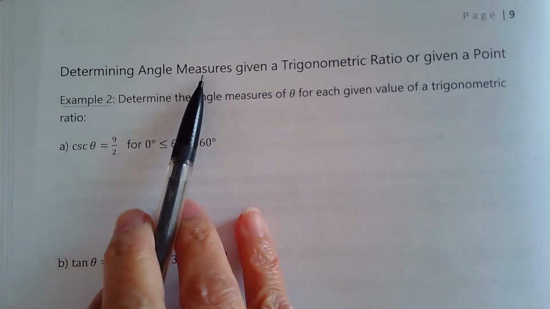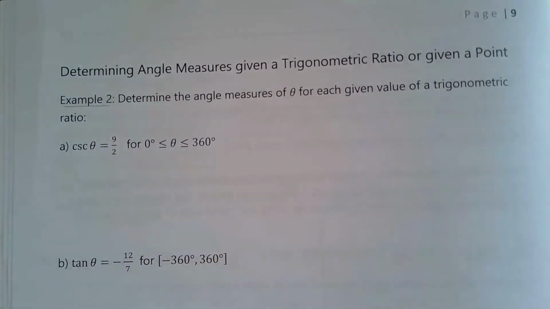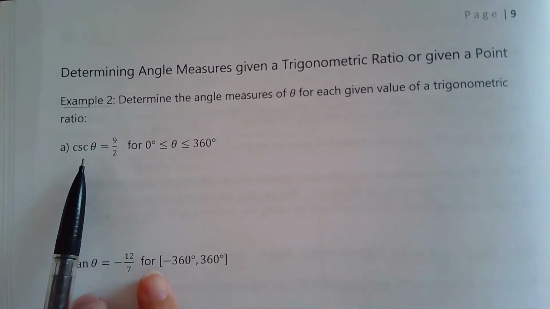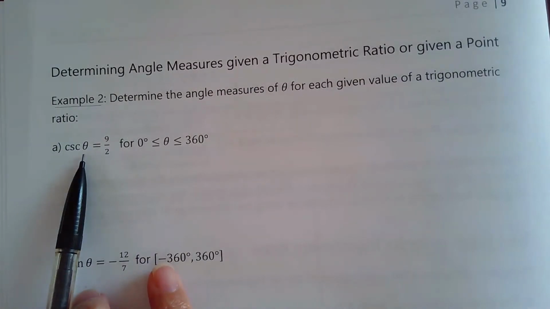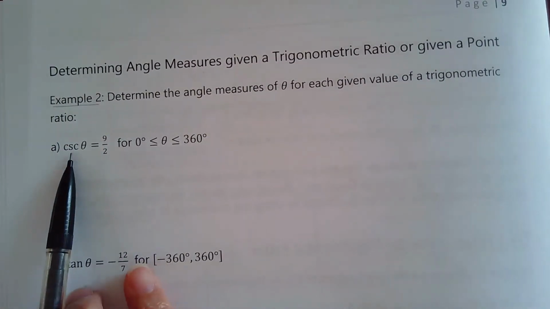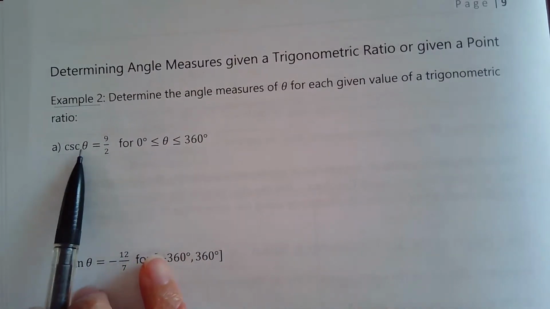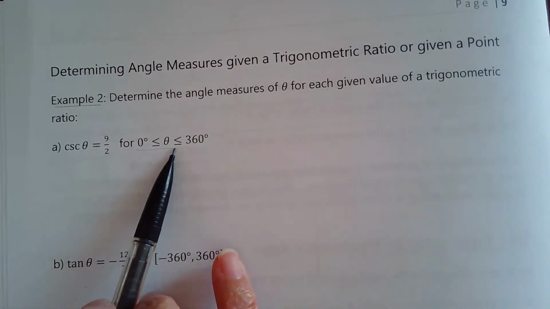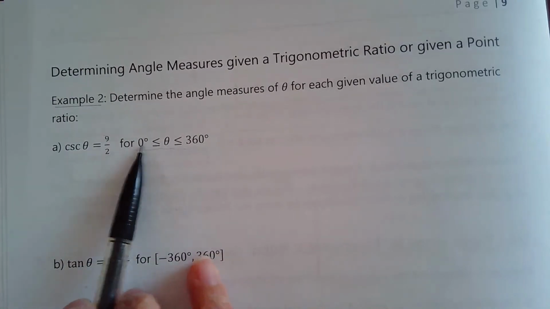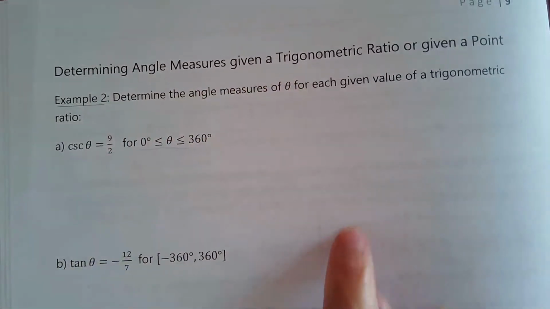In this particular case, we have a trig ratio, which happens to be a cosecant theta of 9/2. And then they tell us that theta is between 0 degrees and 360 degrees, so basically the whole circle.